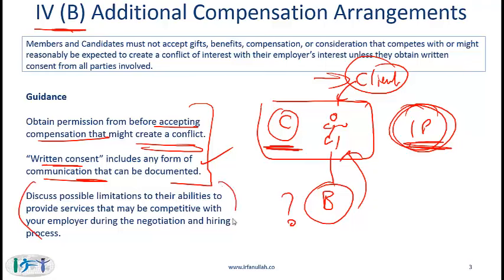Another aspect to this discussion has to do with the point where you are in negotiations to start a new job. And a recommended procedure here is that before starting your job or before accepting employment at a new company, you should discuss any possible limitations that you might have.